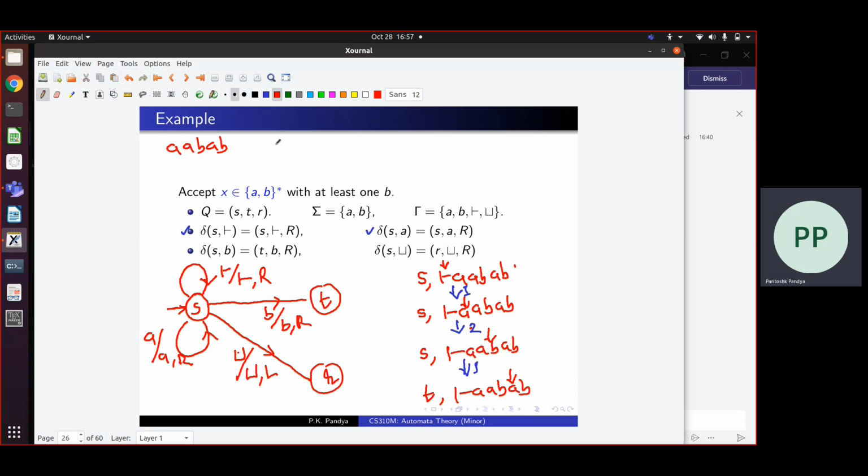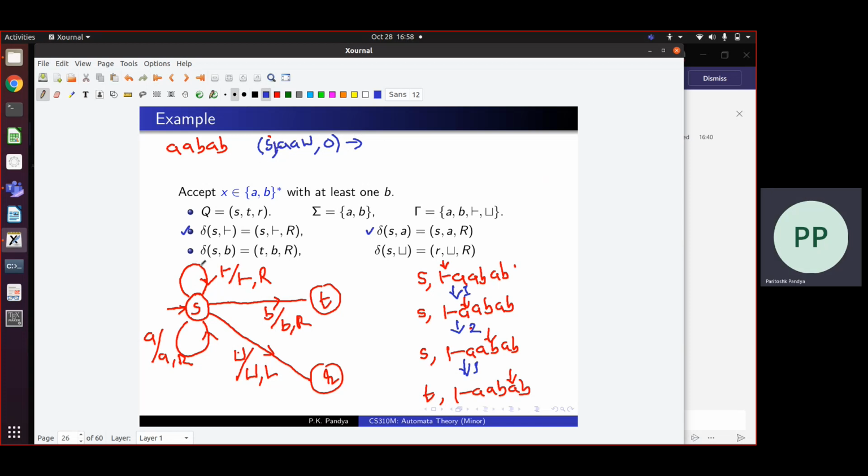So, let me show you a simple run of the Turing machine. You start with state A's, and the word is AA blank followed by other blanks, and my head position is 0, right? So in one step, there is a left-hand marker also here.